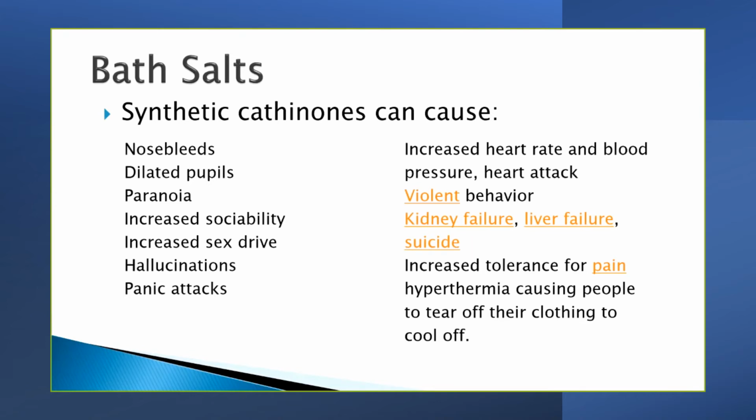If they've got nystagmus, their eyes bouncing back and forth, if they've got dilated pupils, or if they've got pinpoint unreactive pupils, we have a good idea that they're under the influence of some sort of substance. So pupils are a good thing to look at, especially in somebody that you don't have a baseline knowledge on what their behavior is like. Paranoia, increased sociability, increased sex drive, hallucinations, panic attacks. Remember, this is a stimulant. It's going to have the same effects as most stimulants.